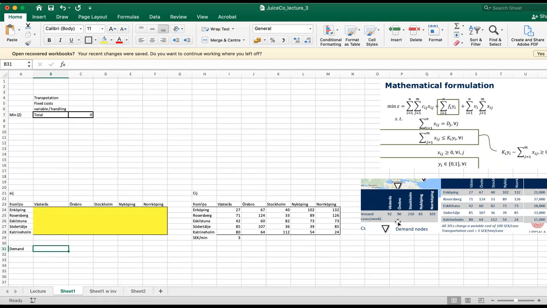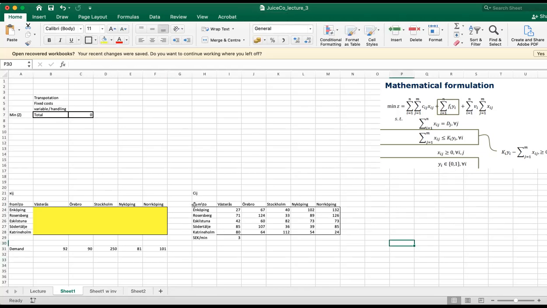So the demand needed in Västerås is given as 92, and the demand given here at Örebro is 90, and the demand given at Stockholm is 250, and the demand in Jönköping is 81, and the last one is 101. So all this data now that we already have, I can now remove this so that I could have more space here.